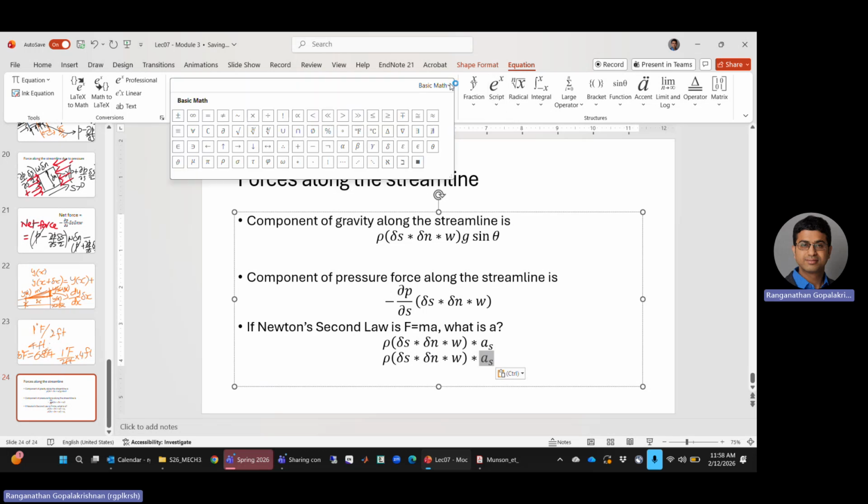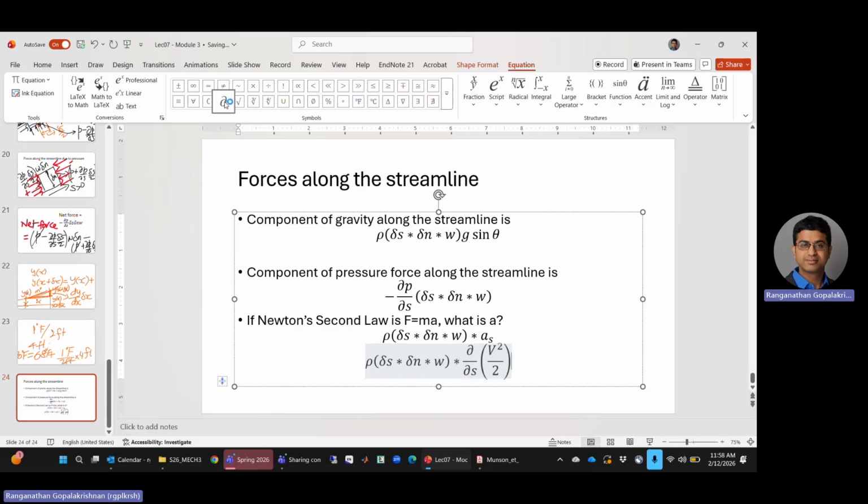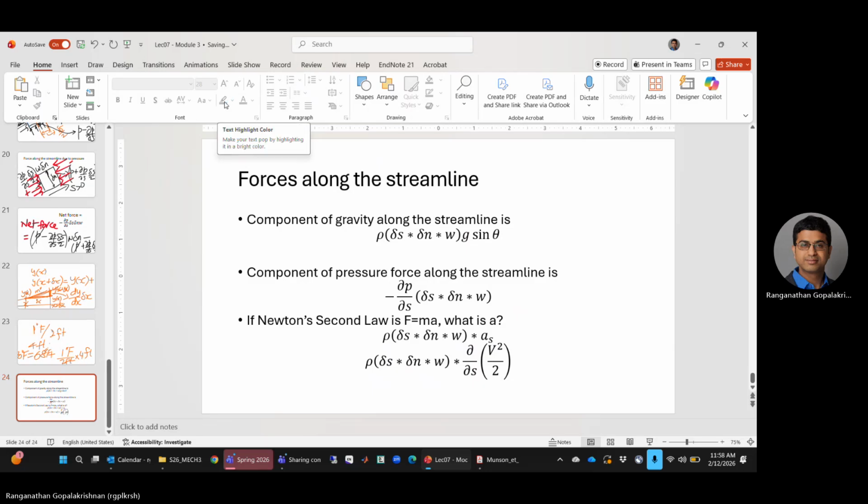I told you to think about it as the rate at which the quantity v squared over 2 changes along the streamline. Are you able to agree with this?